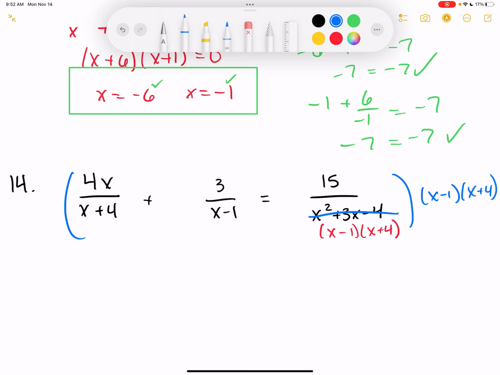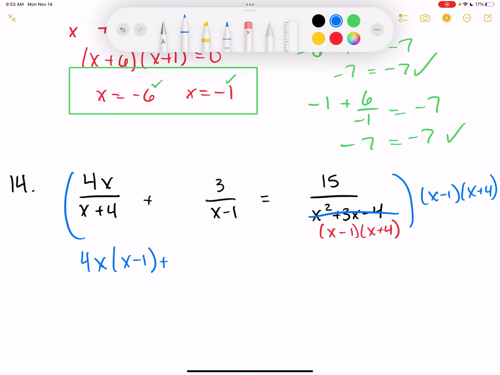So I multiply the first piece by this. The x plus 4's cancel. That leaves you with 4x times (x minus 1). Plus, I multiply the second piece by this. The x minus 1's cancel, top and bottom.